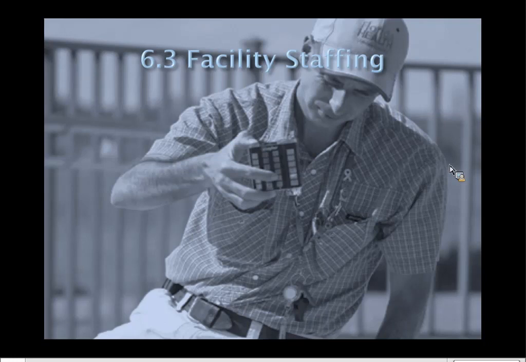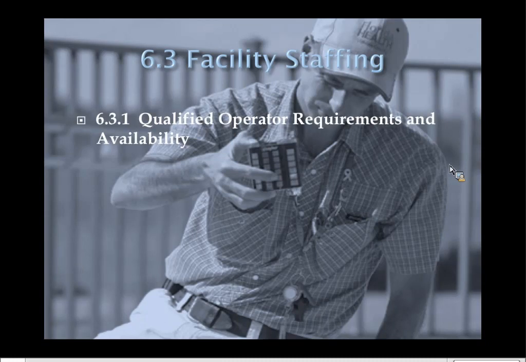Subsections 6.3.1 and 6.3.2 are pretty straightforward, and we will not spend much time on these sections other than to give you a brief overview. 6.3.1 covers qualified operator requirements and availability for both on-site personnel and contracted off-site persons who may serve to fulfill this requirement.